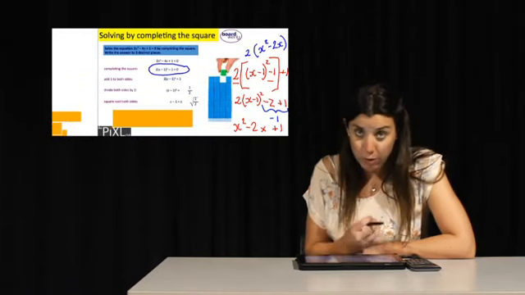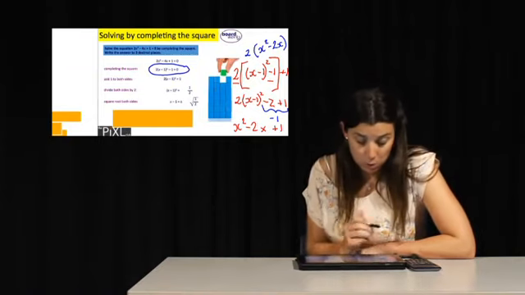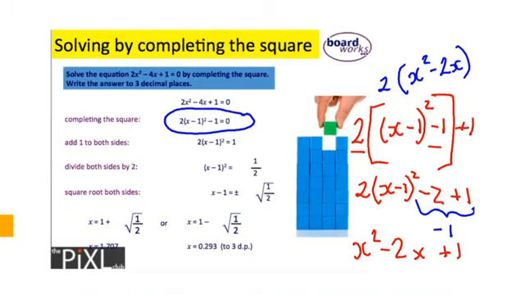Our next step, we're going to find the positive and the negative square root of a half, and we're going to add 1 to it. Our first one here, which is positive, we have 1 add the square root of a half, and on the other side we have 1 subtract the square root of a half.